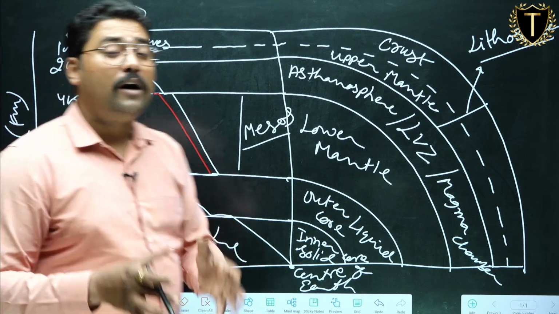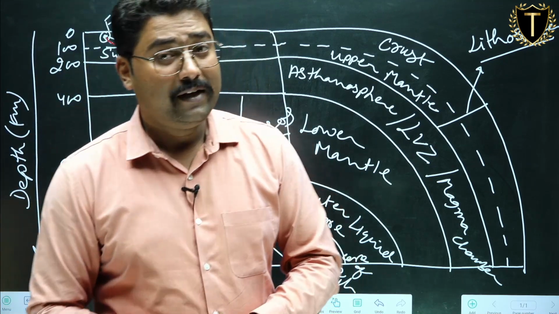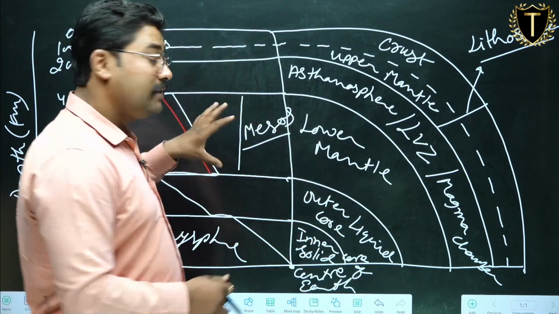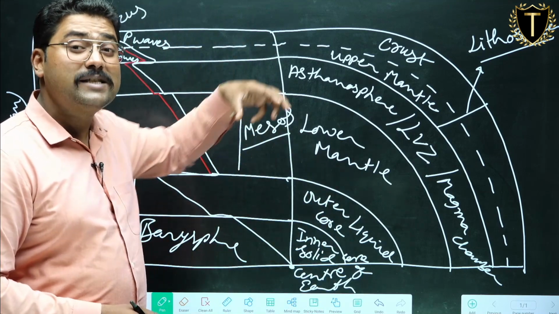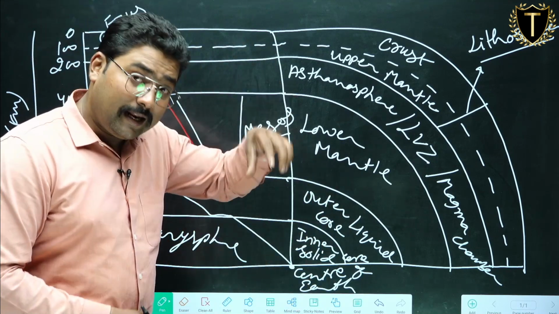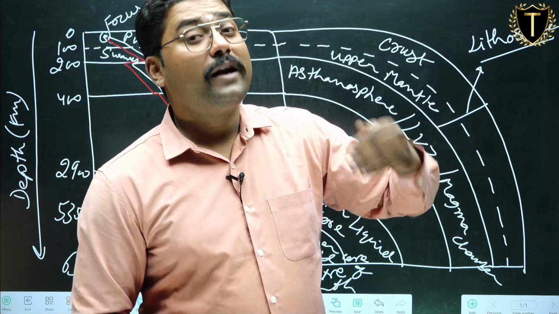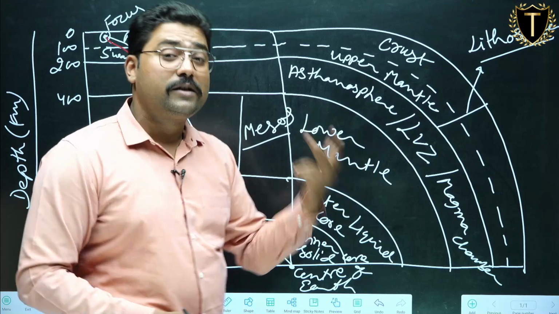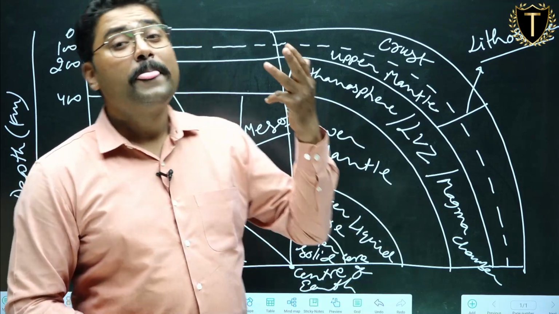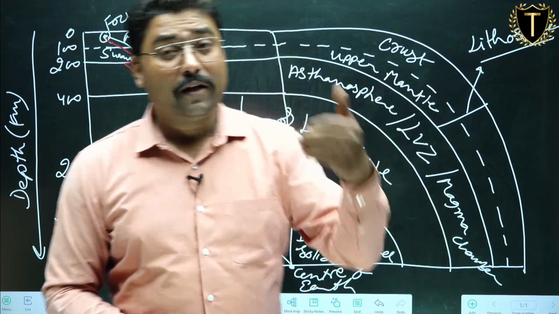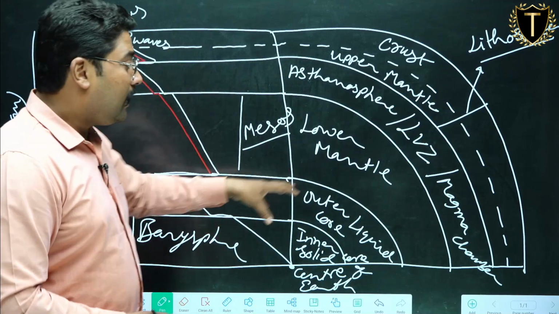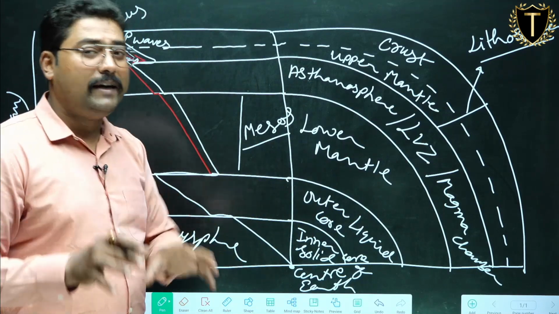Means the core of the Earth is also considered as Barysphere. Mind it, these spheres are present inside the Earth. Rather, the spheres which are present over the Earth are different: lithosphere, atmosphere, hydrosphere, biosphere, or magnetosphere. Now, on this basis, we have divided it.